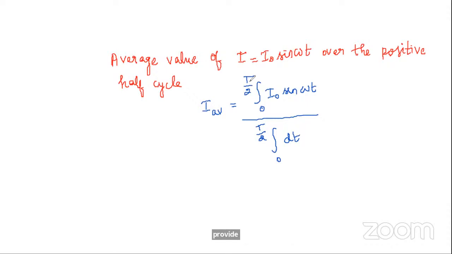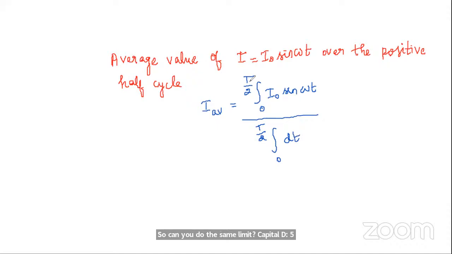Yes, for the positive half cycle only we are using. Even if it is the negative half cycle, the same limits are applicable, 0 to capital T by 2. So be it the positive half cycle or the negative half cycle, you can use the same limit 0 to capital T by 2.